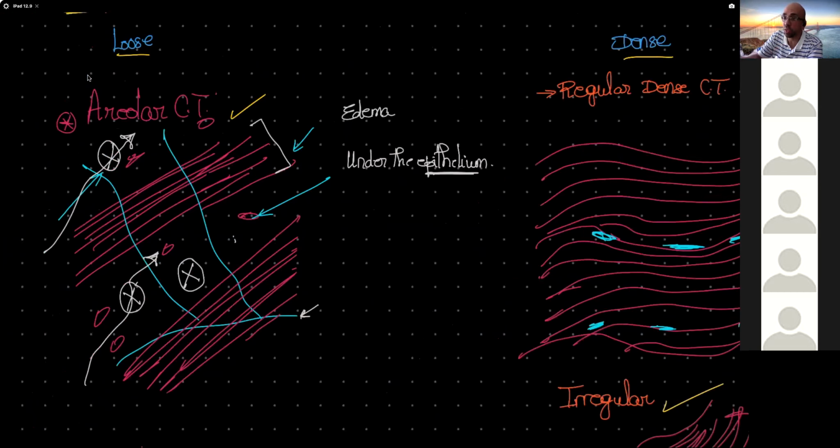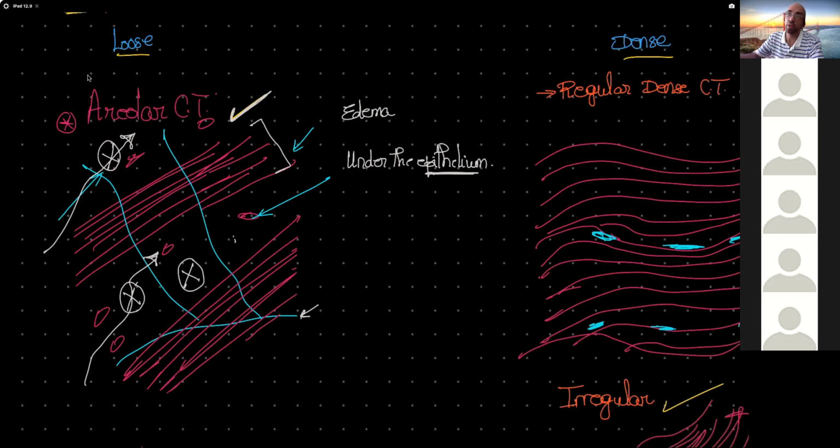And as it is located below the epithelium, it's going to be located everywhere in the body, because epithelium is located everywhere. It forms the coverings and linings of all body surfaces and organs. So underneath each of them, what kind of connective tissue allows them to survive? Areolar connective tissue.